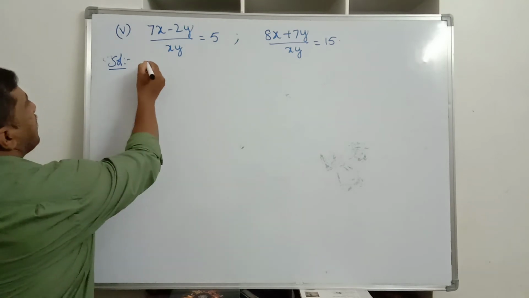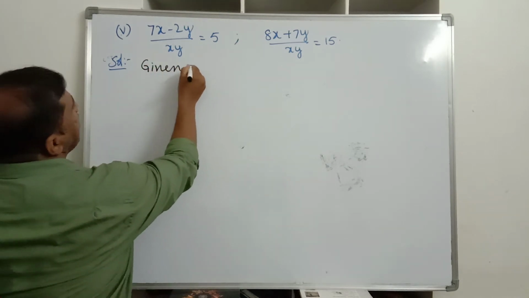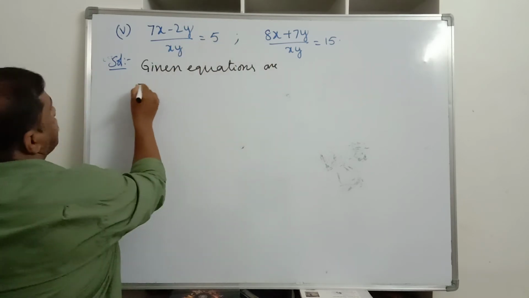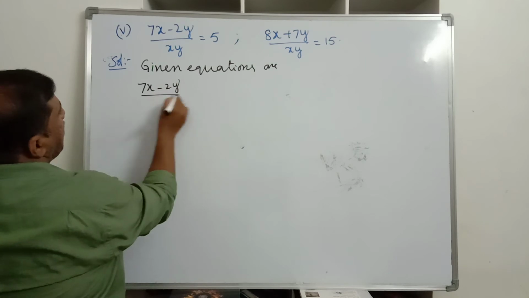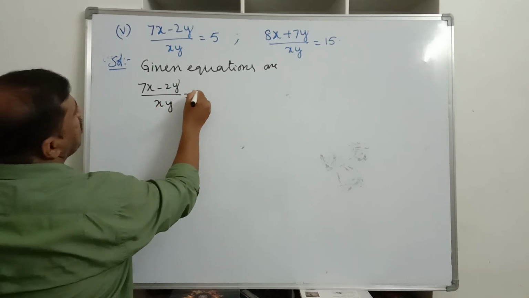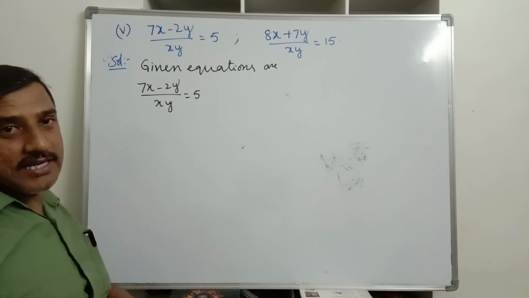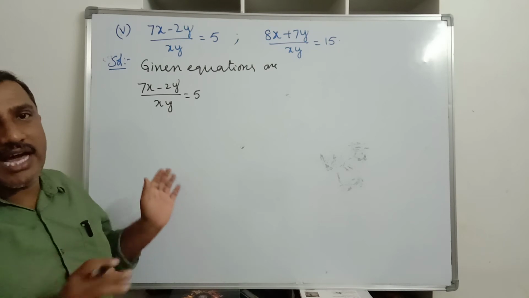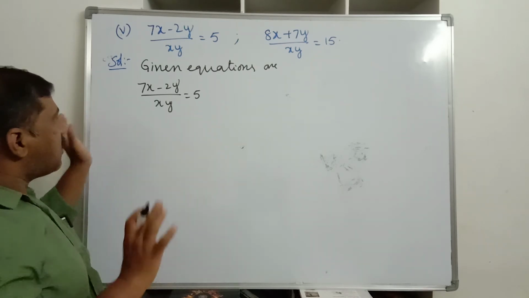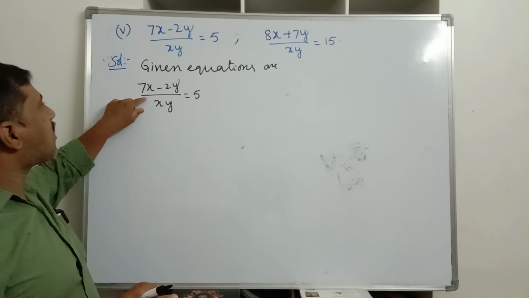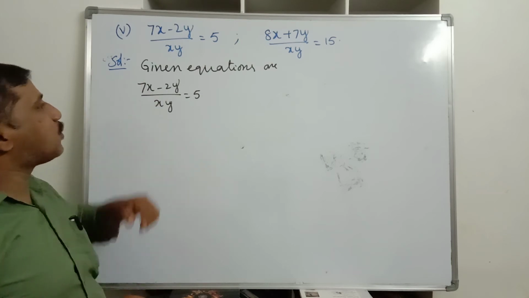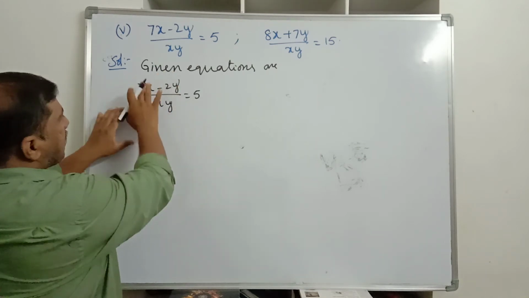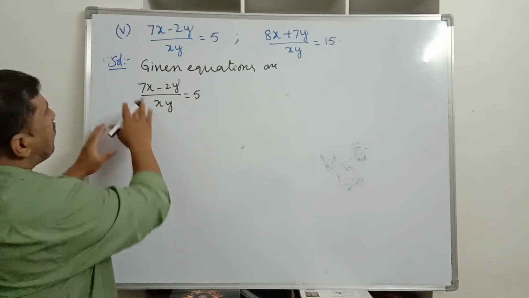First, write the given equations. 7x minus 2y by xy is equal to 5. So here in the denominator we have xy. Divide the whole equation by xy on both sides. Or you can simply write this individually.